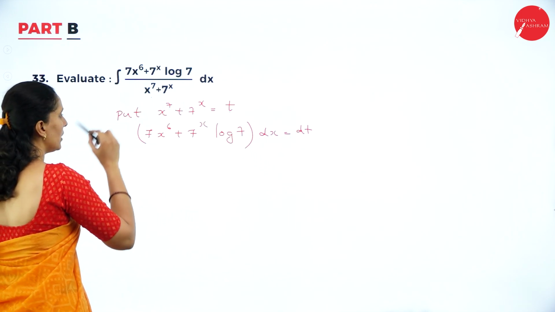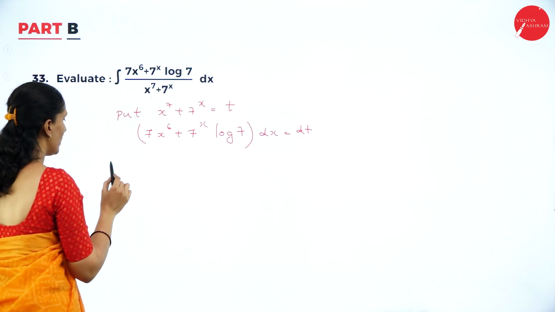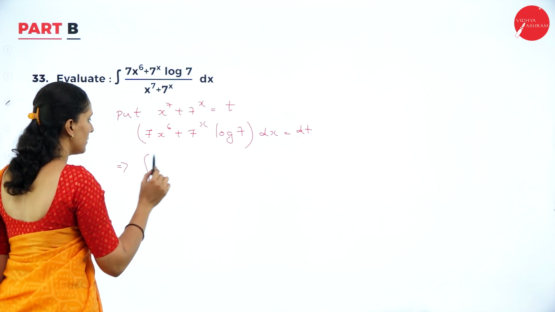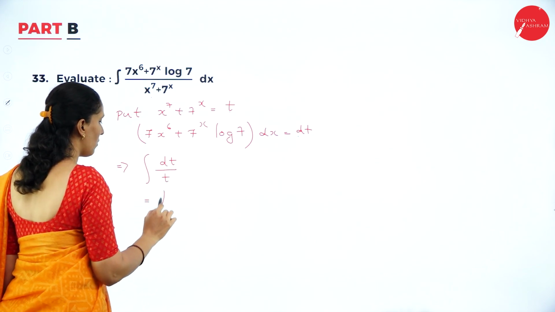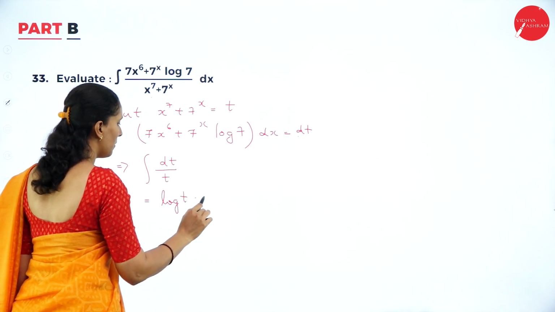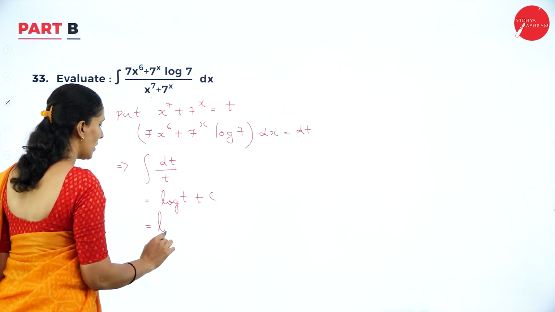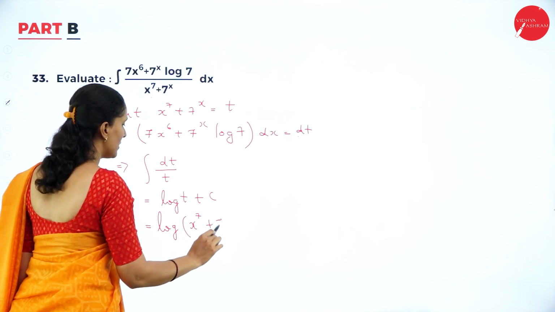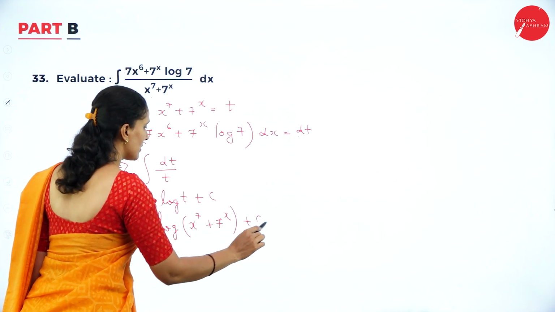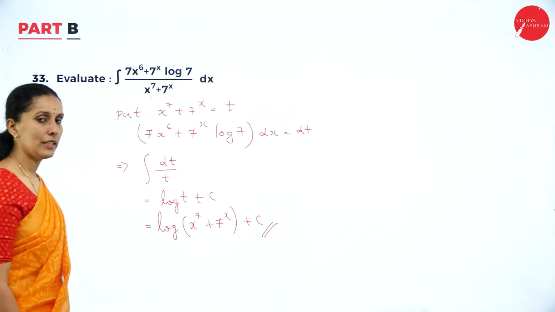Replacing t in the denominator and dt in the numerator, the integral becomes integral dt by t, which will be equal to log t plus c, or this can be written as log of (x to the power 7 plus 7 power x) plus c. This is the value of the integral.